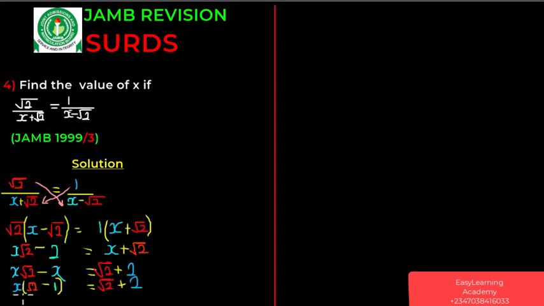Since we are looking for x, we are going to divide by the coefficient of x. The coefficient of x is what we have here, this square root of 2 minus 1, so we can divide both sides by the coefficient of x.